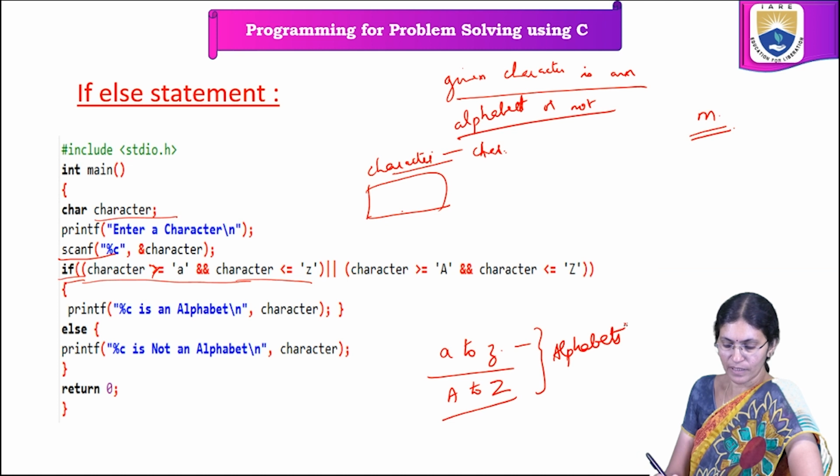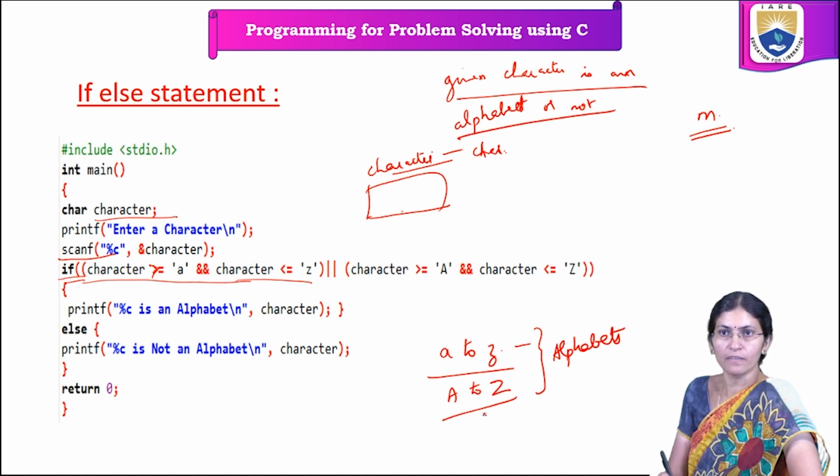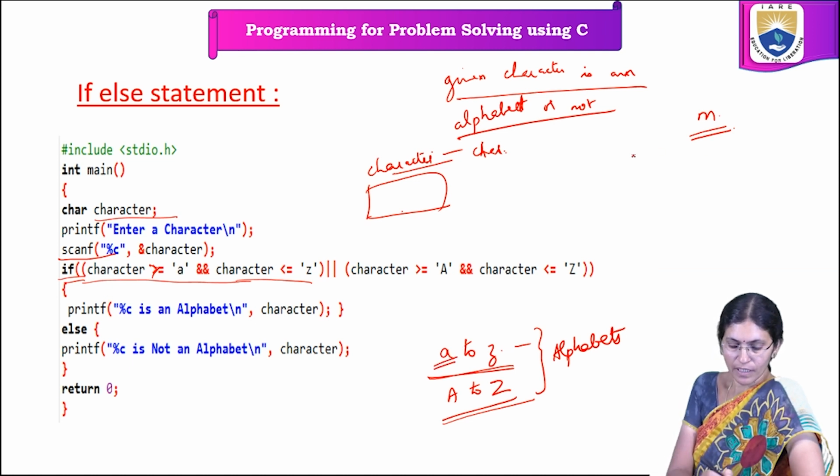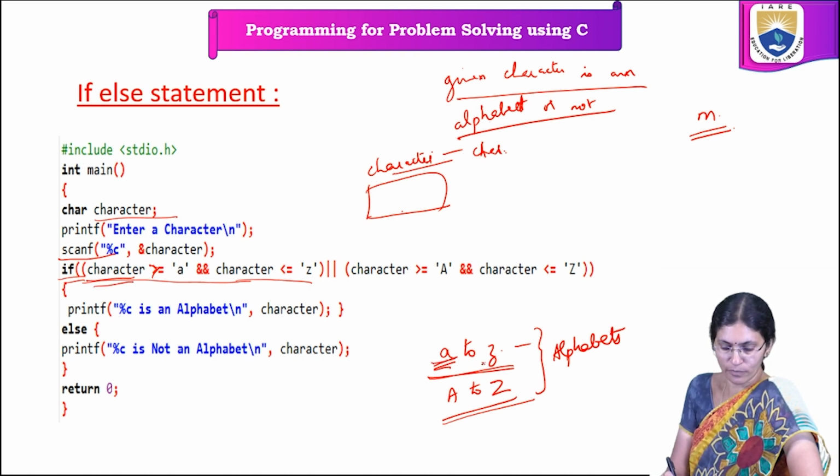Other than that, whatever characters are entered, those are not alphabets. So we have to check this condition. The entered character should be greater than or equal to small a, and it should be less than or equal to small z.